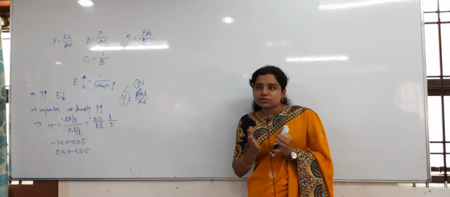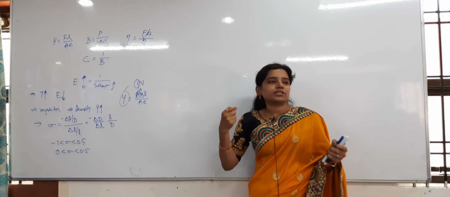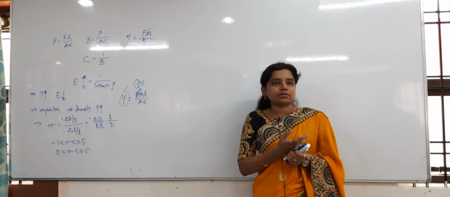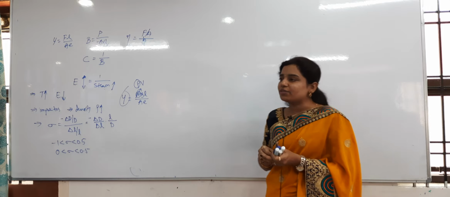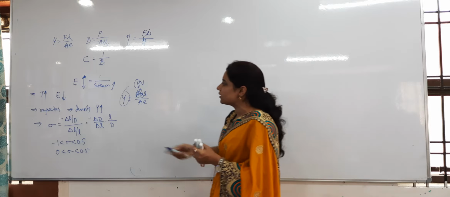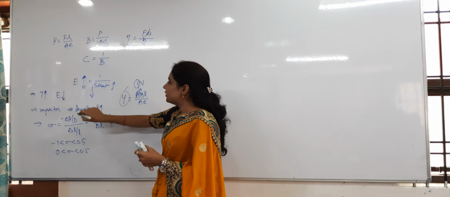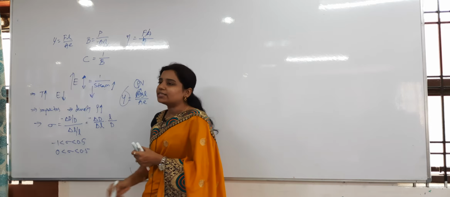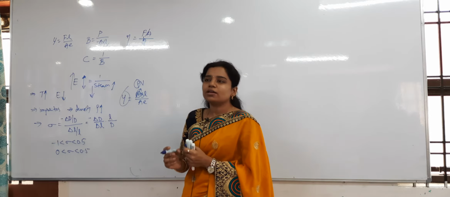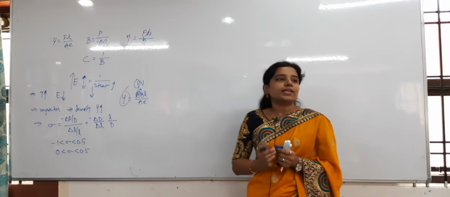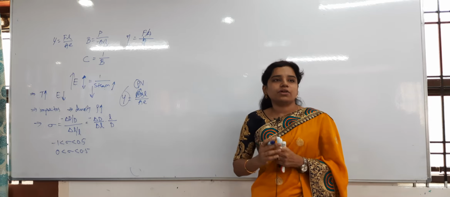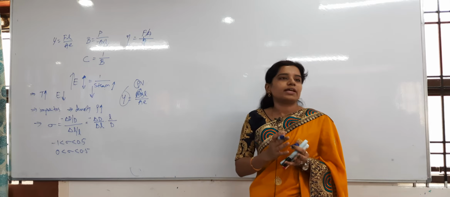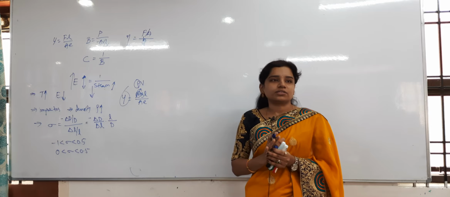You may think that whichever is elongating easily has more elasticity, but that's wrong. Whichever has less elongation, that is, less strain, has more elasticity. So materials that do not elongate to very large values have more elasticity.